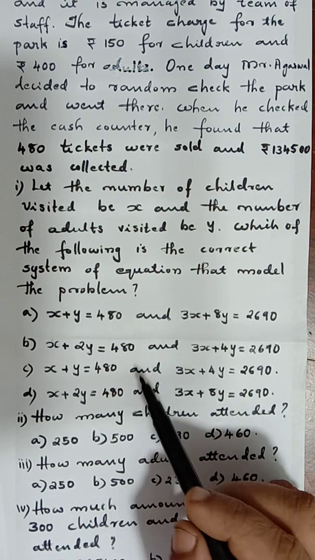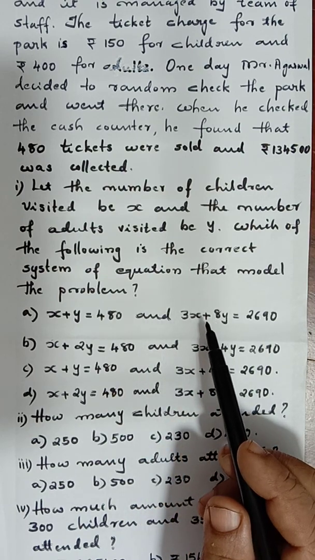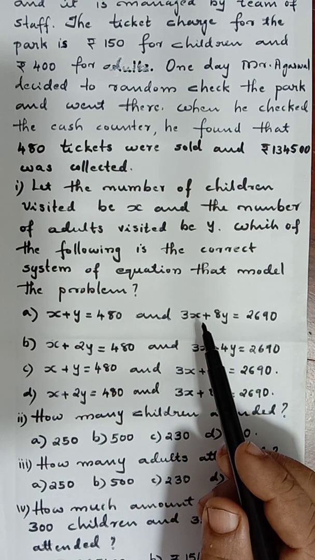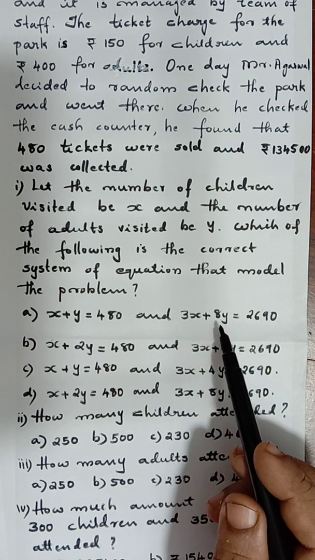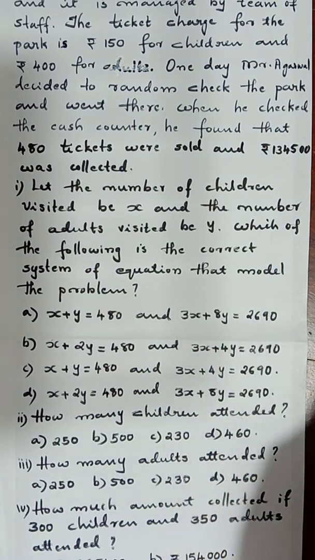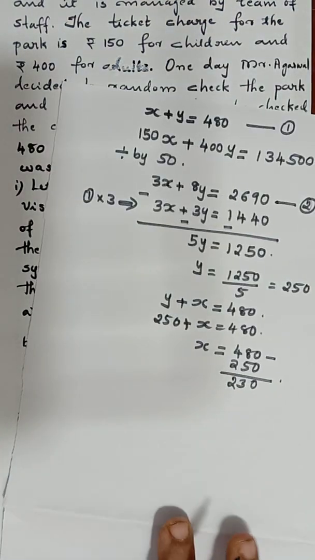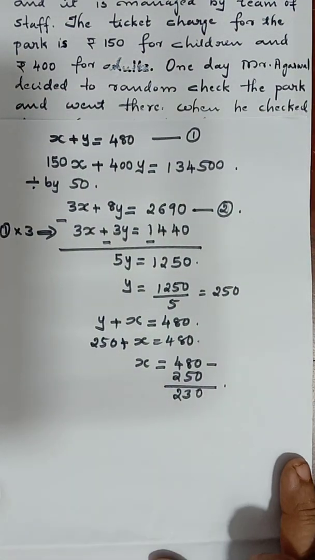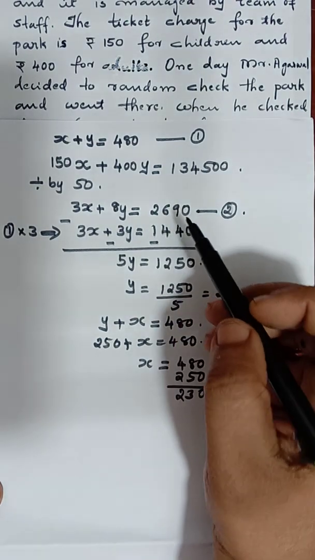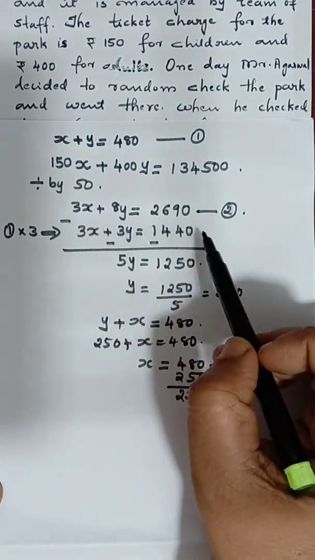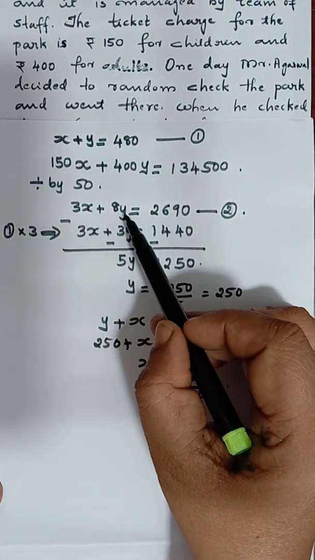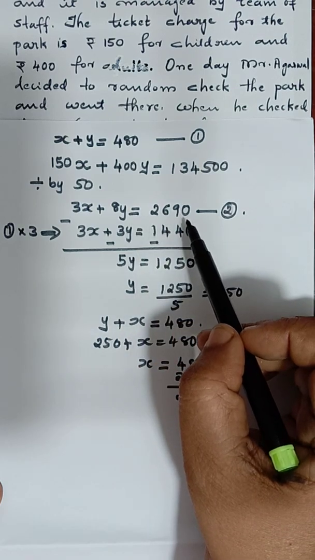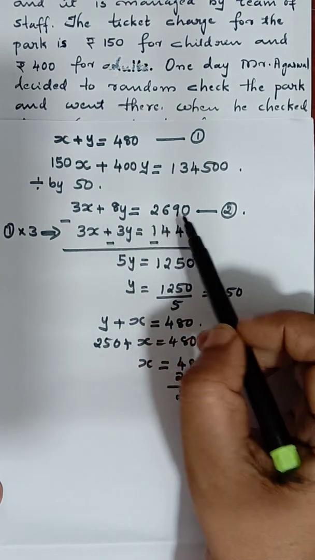Now the next equation will be 3x plus 8y equal to 2690, that we have seen. Actually, the second question's answer we have also found out. Up to this, when we get it, here comes 3x plus 8y is equal to 2690. That is the second equation.